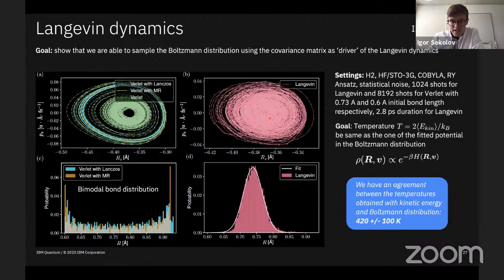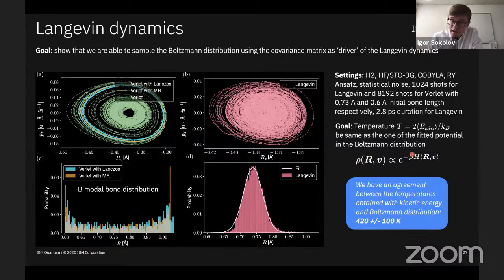You can see here that we have a very different distribution of bond length. And one way to verify that we do the dynamics correctly is to see that this distribution has to follow this Boltzmann distribution. H would be our harmonic oscillator, and we would do a fit of a harmonic potential here.